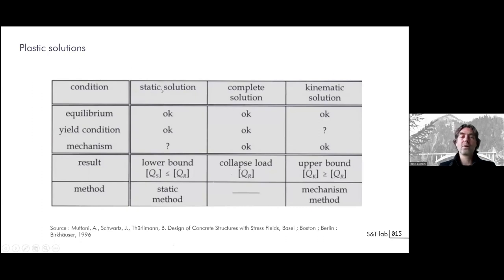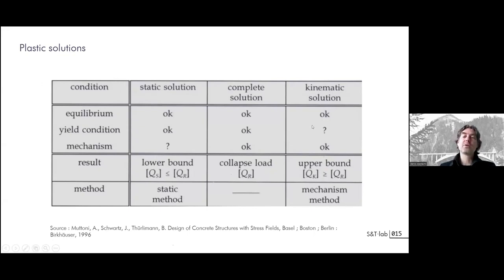You'll see the static solution is satisfying equilibrium and the yield condition, providing a lower bound. The kinematic solution guarantees equilibrium, and the mechanism solution provides you an upper bound. And if you are able to find two mechanisms that provide the same solution, you will get a complete solution, so the actual solution.